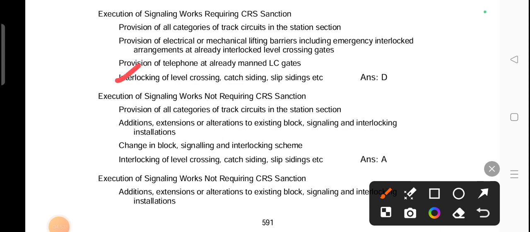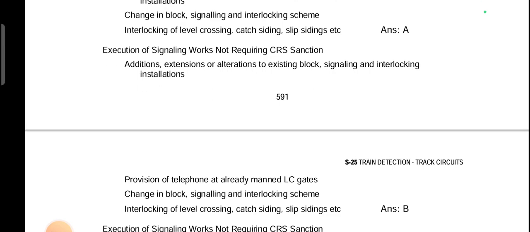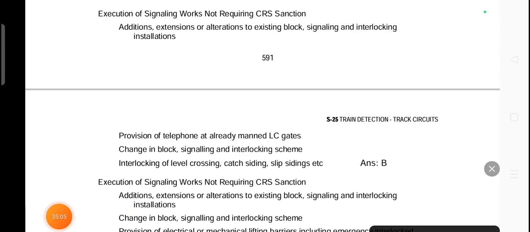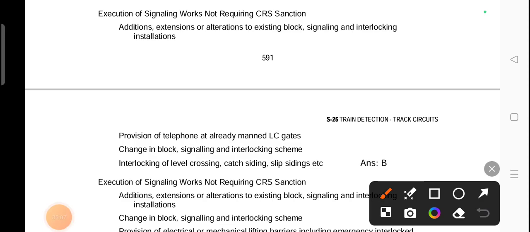Execution of signaling works not requiring CRS sanction. Provision of all categories of track circuits in the station section. Provision of telephone at already manned LC gate.